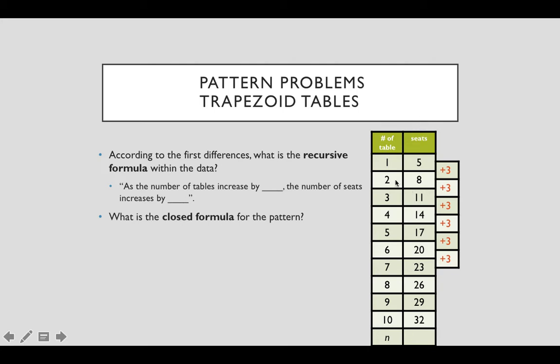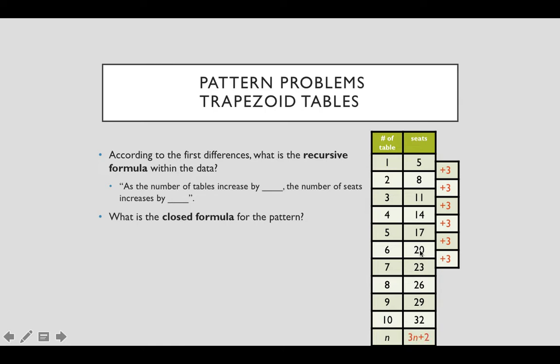So 2 times what plus 2 gives me 8? Well, if I subtract this 2 and work backwards, 8 minus 2 is 6. 2 times what gives me 6? Well, that's going to be 3. Hey, this was plus 3, and it looks like if I multiply by 3, 6 times 3 is 18, and then I add 2, I'll get 20.